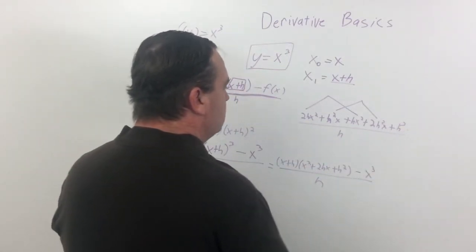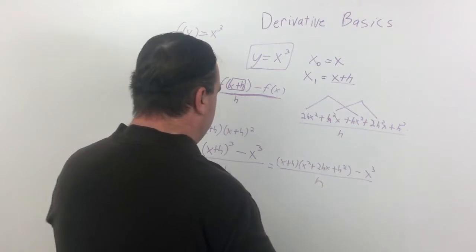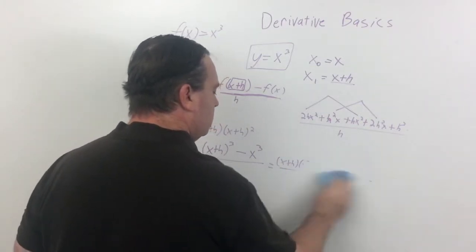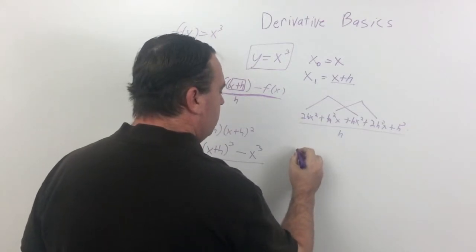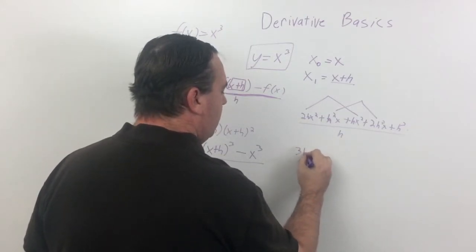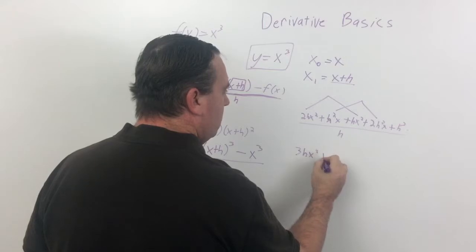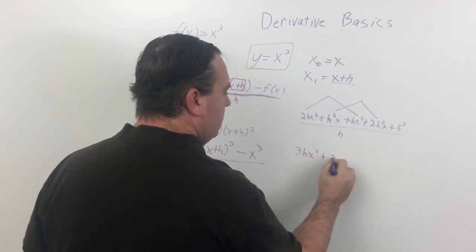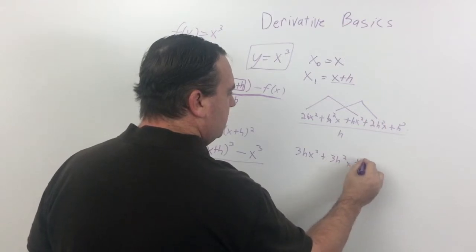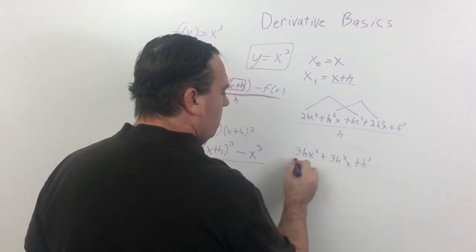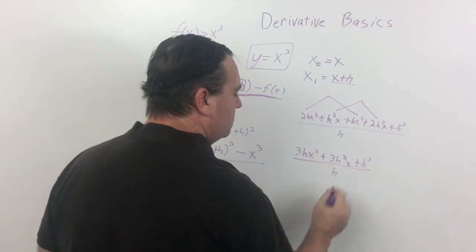And that leaves us with 3hx squared plus 3h squared x plus h cubed all over h.